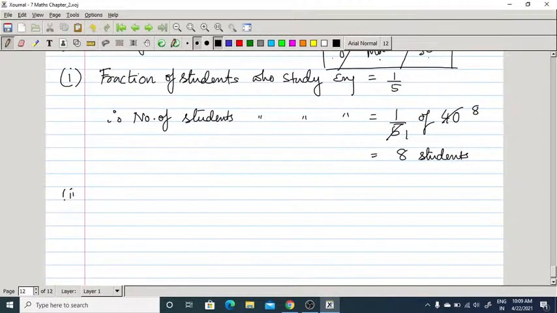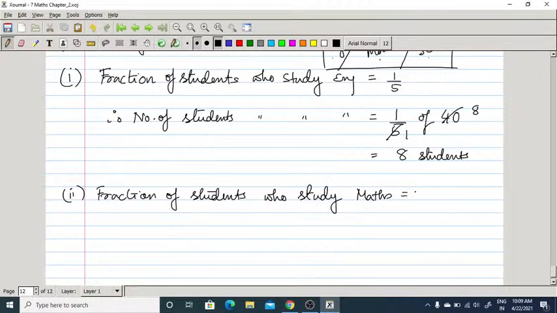The second part. How many students like to study mathematics? Similarly, the fraction of students who study maths is given in the question. This is 2 by 3, sorry, 2 by 5.